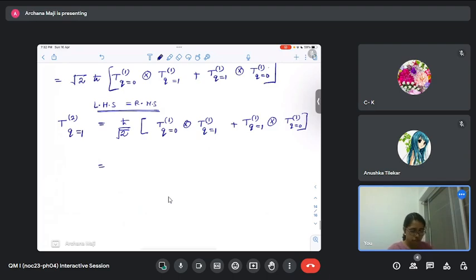Now we can write down the corresponding Cartesian component. So we know what is T1 q equal to 0, it's Vz.